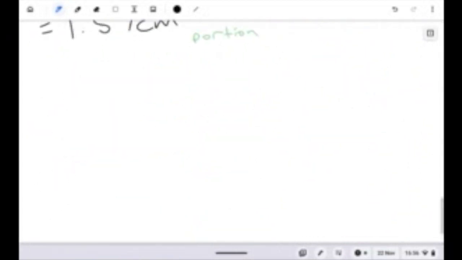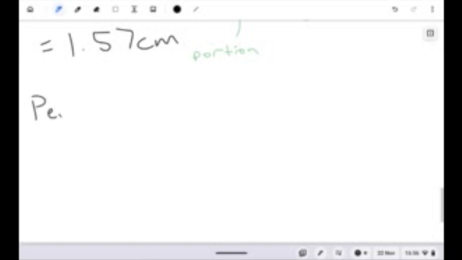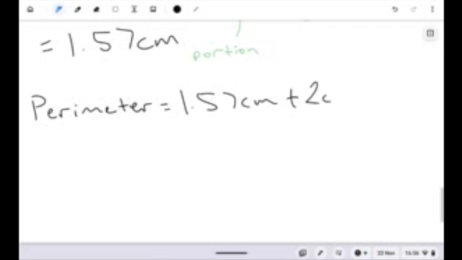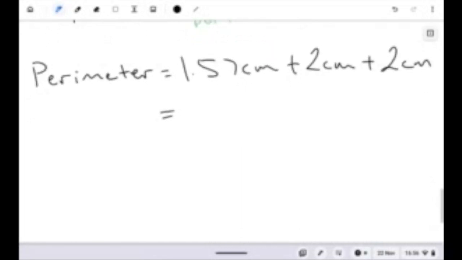So my perimeter is going to be my arc length, 1.57 centimeters, plus 2 centimeters, one of my radiuses, and another 2 centimeters. And when I add all of that, I'm going to get 5.57 centimeters. Now, this is kind of like a harder extension question.